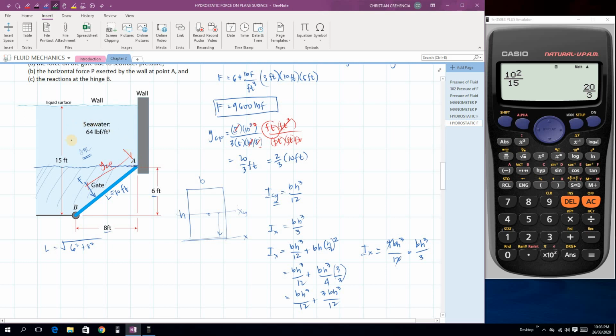So since ito, consider muna natin air tong part na to. So pressure natin dito is 0. Then as we go deeper, lumalaki yung pressure diagram. Okay? So from 0 pressure to sa may surface, then yung maximum pressure natin dito sa point B. Okay. So mata natin yung pressure diagram natin is triangular.